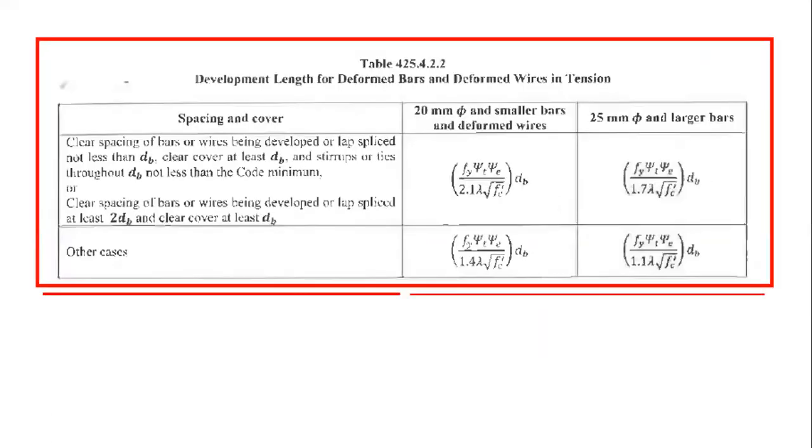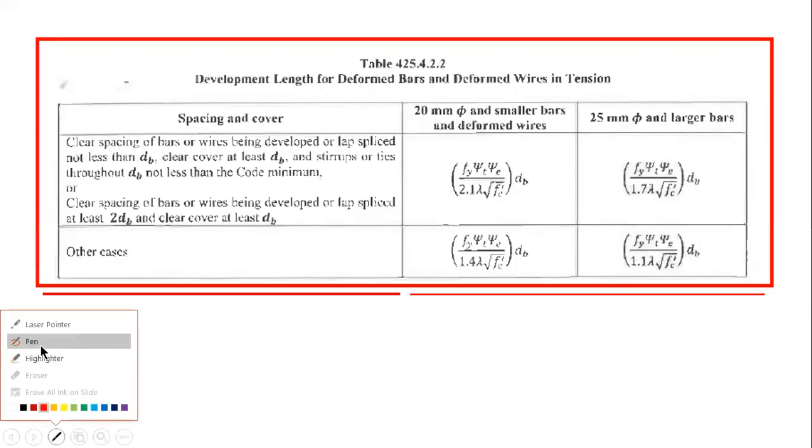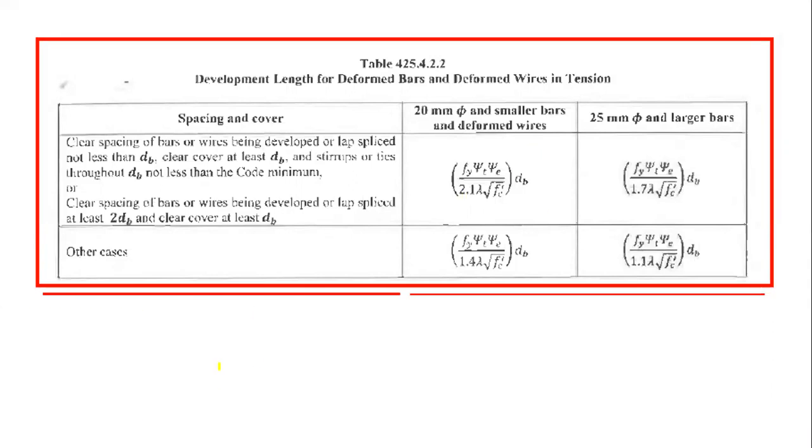Okay, so ito yung sinasabi ko na formula. Okay, this is the formula that now being used in the code. But in the case of sa mga actual na design, ito na yung gagamitin ng mga development length, for sa mga beam, yung mga hook.